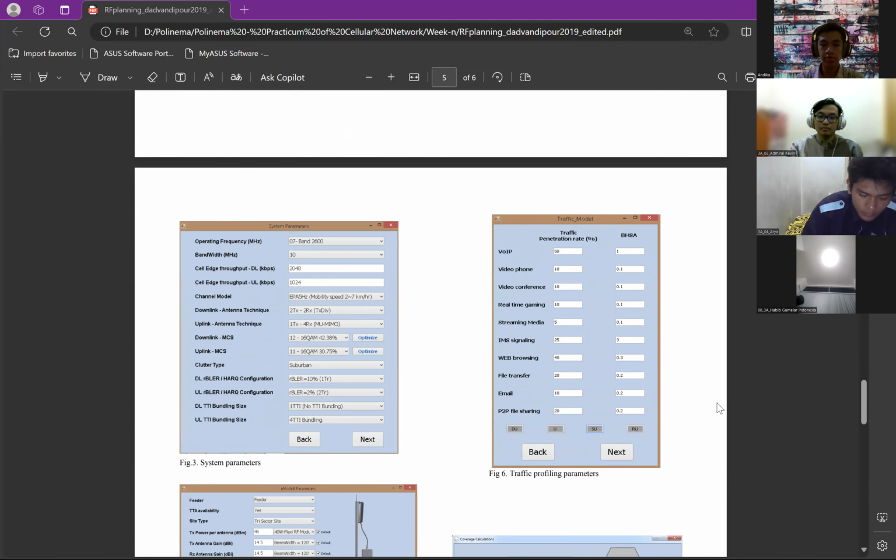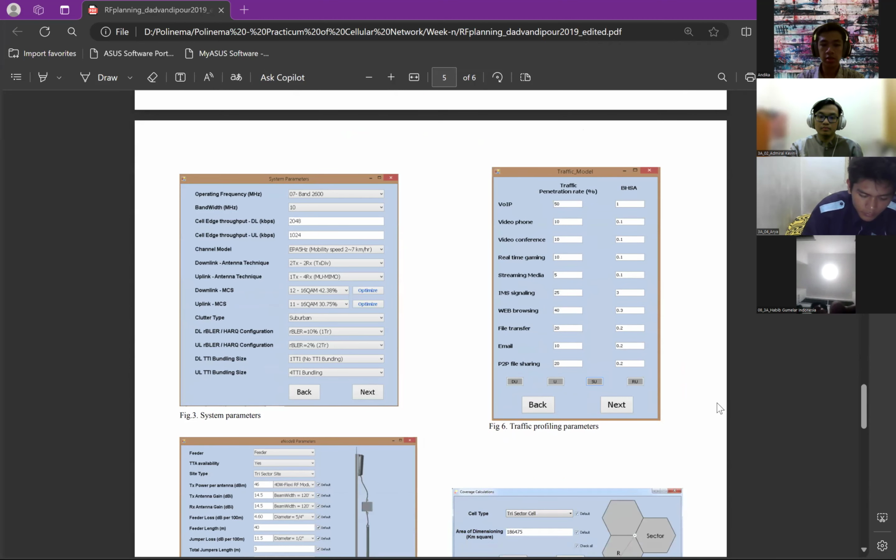There are several screen captures, like here on figure 3. It is about system parameters. It shows the general specifications like bandwidth in megahertz, downlink, uplink, and also cell edge throughput in kilobits per second.